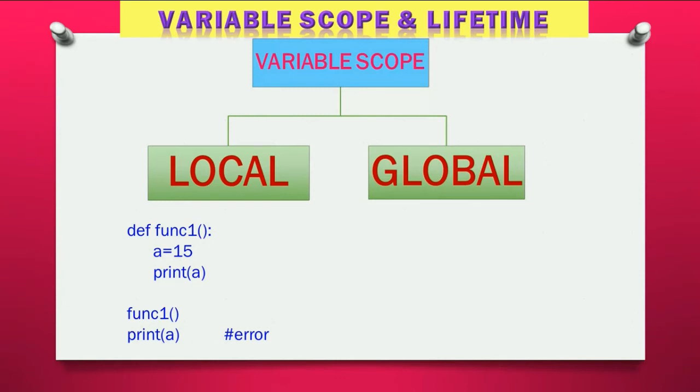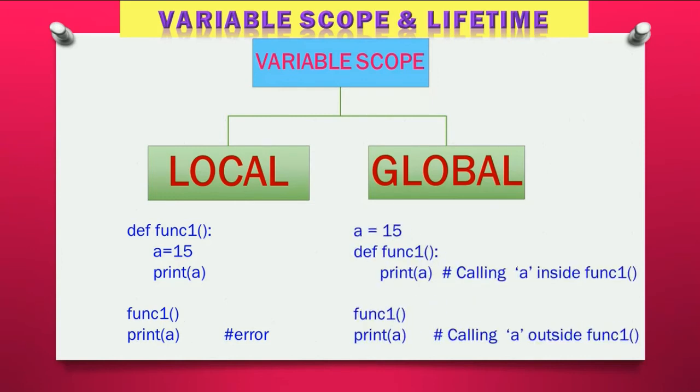So local scope of a variable means that the variable will be accessible only inside the function. Let us see now what do we mean by global scope of a variable. A equal 15, which is created outside the function.